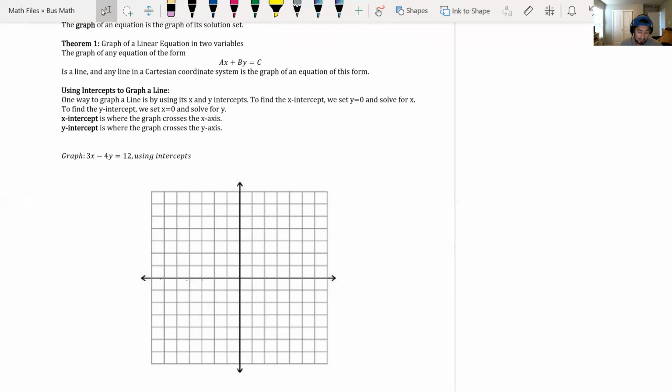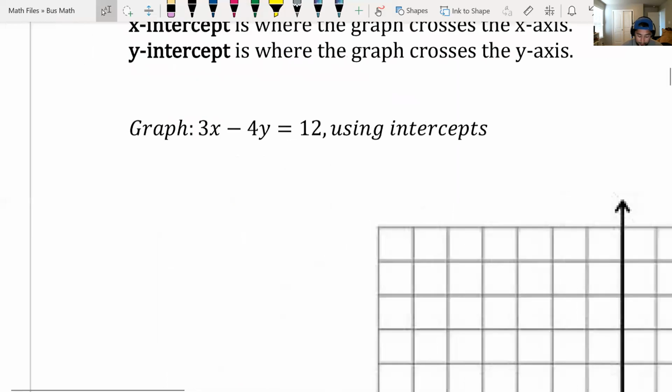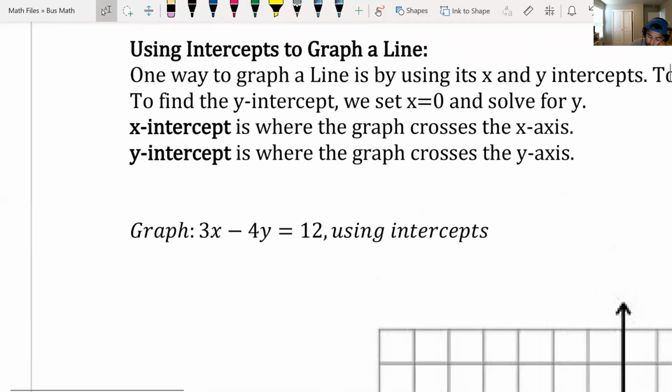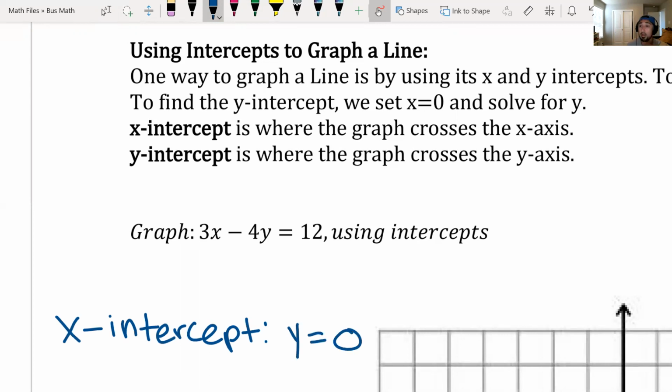So now, given the linear equation 3x minus 4y equal to 12, let's go ahead and graph it using intercepts. Okay, so the first thing we'll look for is the x-intercept. And to find an x-intercept, you let y equal 0.